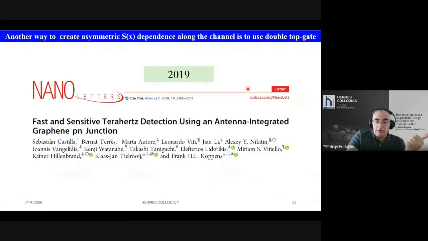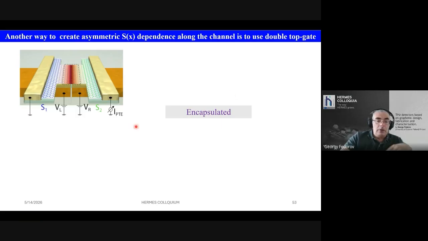And in the work I'm presenting next, it is done by a split gate, double gate structure. So the technology required to fabricate this sample, this device, is more sophisticated, but it's worth it.